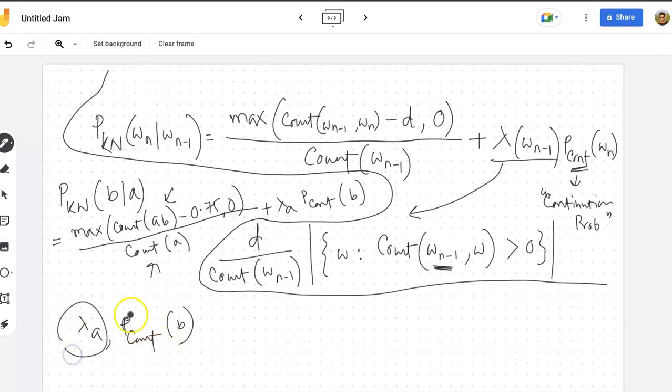Lambda A can be calculated using this formula only. So what is lambda A? Lambda will be D, that is 0.75, divided by count of A, into the number of bigrams where A is present as the first word.